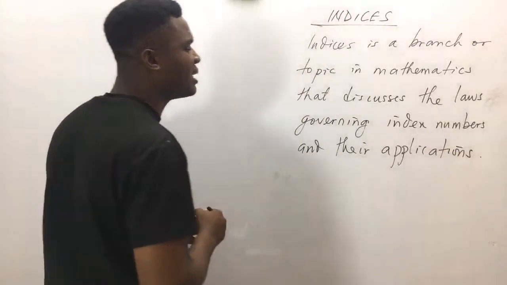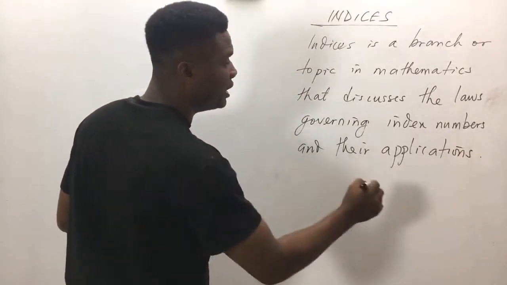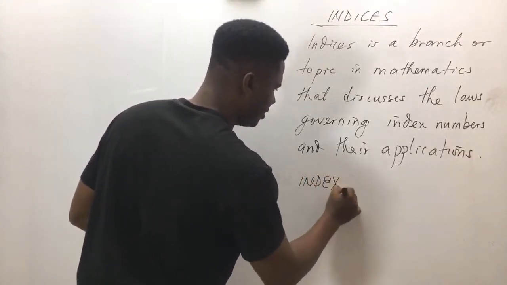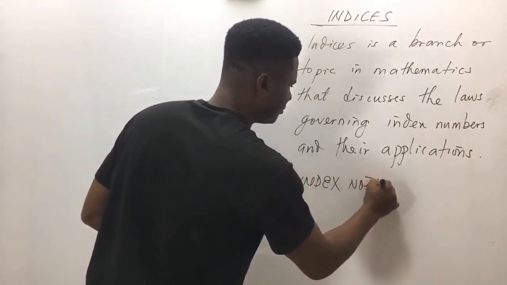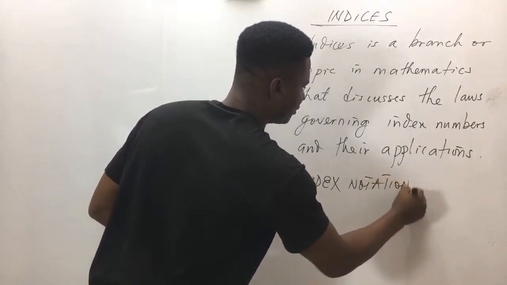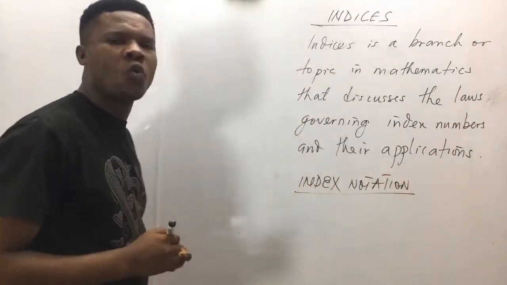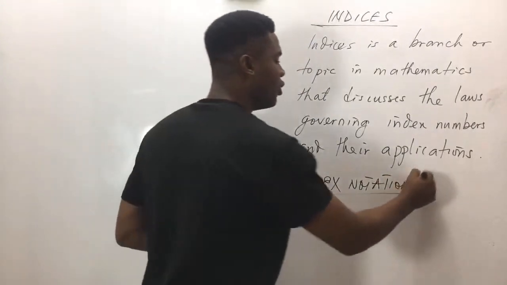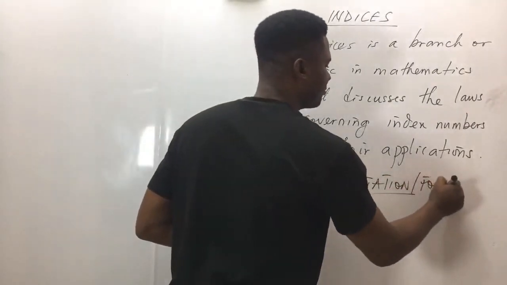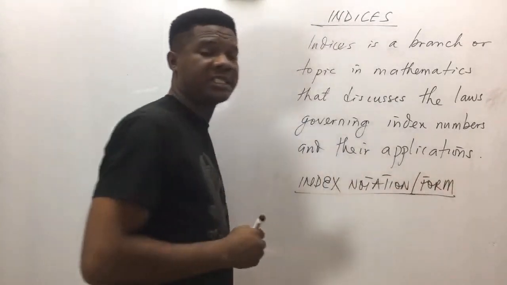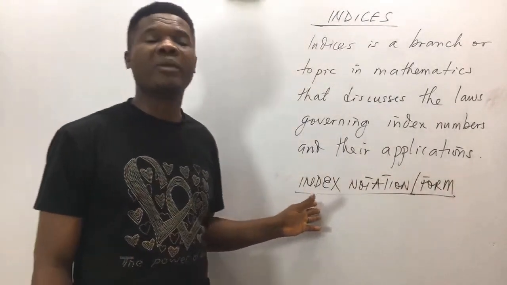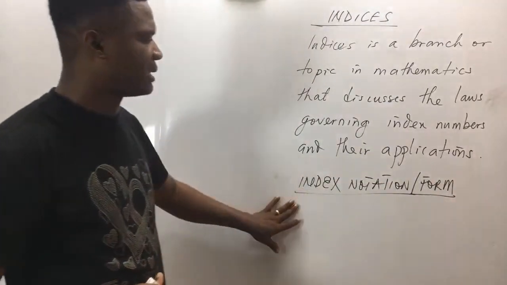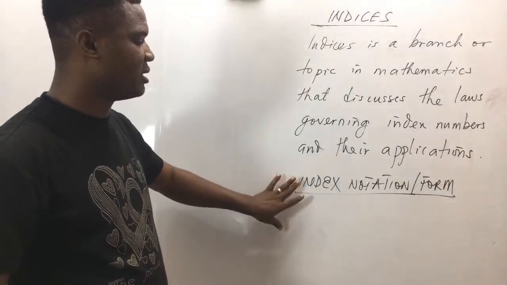So the next thing I want you to know is index notation. So when is a number said to be in index notation or index form? You can call it the index notation of a number or the index form of a number. So that is what I want us to discuss next.